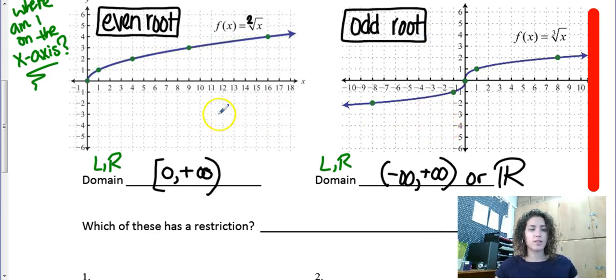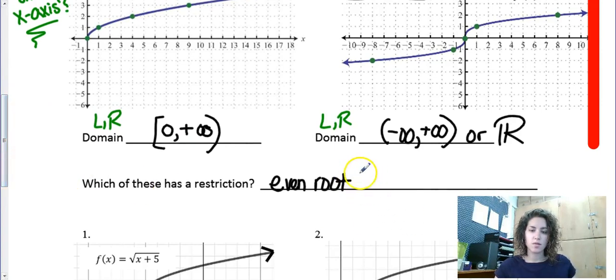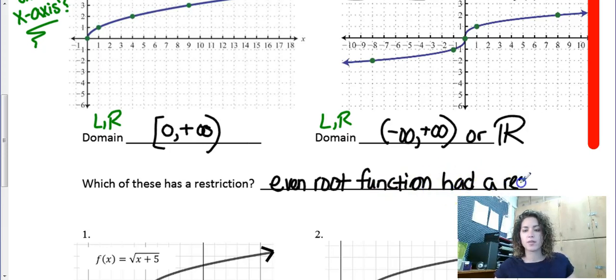So we're going to use this to generalize a conclusion about odd roots. When I look at this in general, even roots versus odd roots, the even root did have a restriction, the odd root did not. So even root function had a restriction.